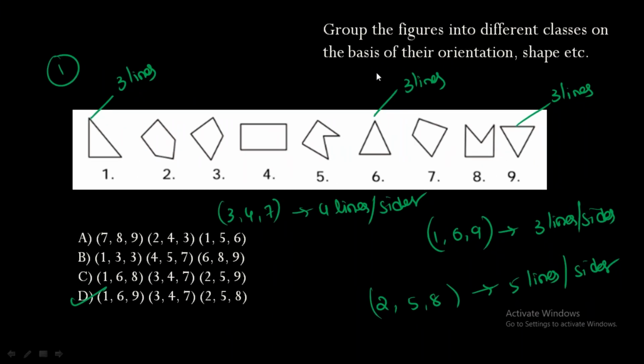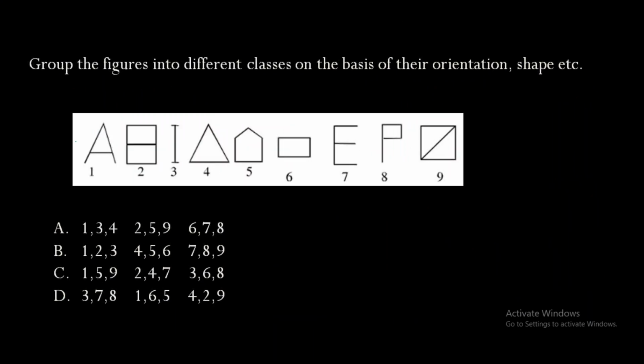Okay. See the next one. Second one. Okay, here also if you observe, 1 requires 3 lines, 3 requires 3 lines, 4 also, these all require 3 lines actually. You just have a look.